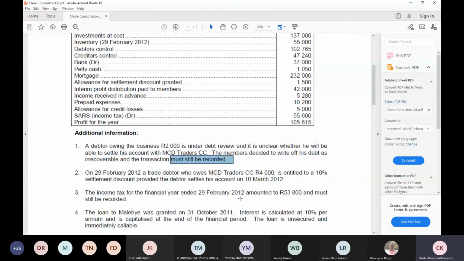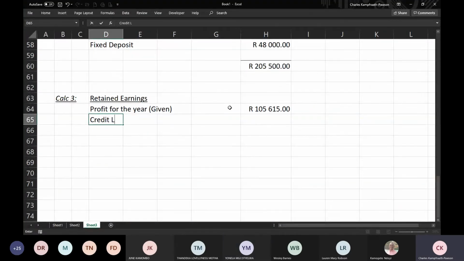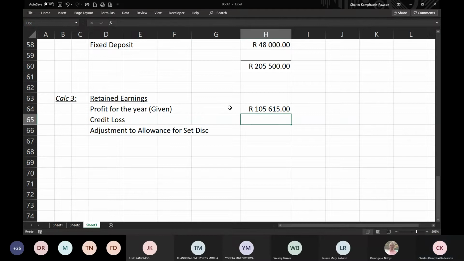Everybody happy with that? Yes. Okay, so credit loss and adjustment to allowance for settlement discount. So credit loss minus 2,000 and minus 400. Everybody happy?